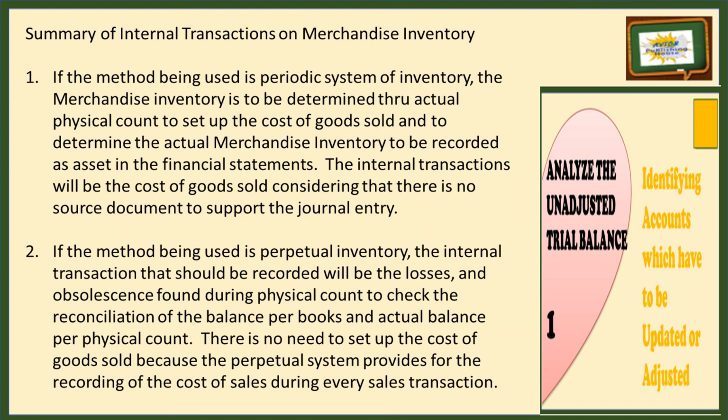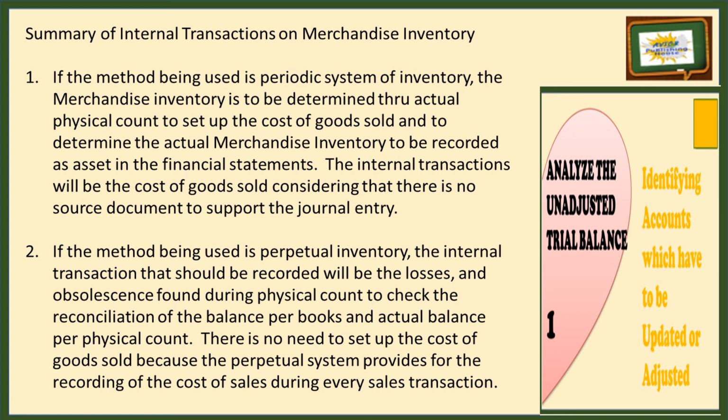Summary of internal transactions on merchandise inventory. If the method being used is the periodic system of inventory, the merchandise inventory is to be determined through actual physical count to set up the cost of goods sold and to determine the actual merchandise inventory to be recorded as asset in the financial statements. The internal transaction will be the cost of goods sold, considering that there is no source document to support the journal entry.